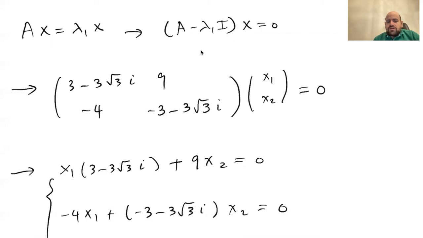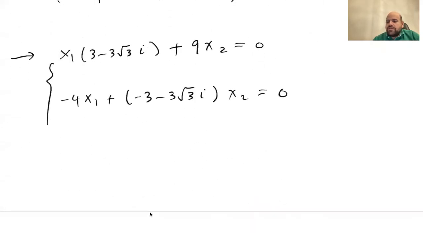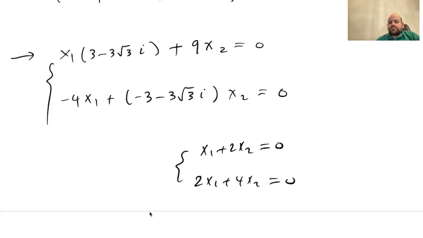For that to happen, the second equation needs to be a repetition of the first one. For example, a simple case is x1 plus 2x2 equals 0, and 2x1 plus 4x2 equals 0. In this case, it's obvious that the second equation is the repetition of the first one because you just need to multiply both sides by 2.